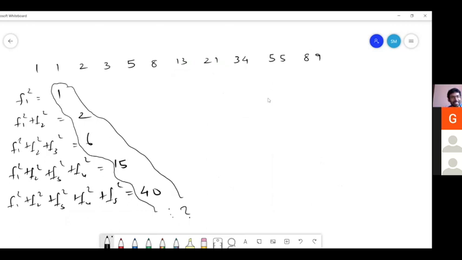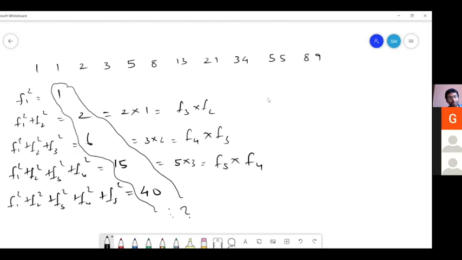So this is 2 into 1, which is F3 into F2. 6 is 3 into 2, which is F4 into F3. 15 is 5 into 3, which is F5 into F4, and so on. We can prove it using that geometric approach also.